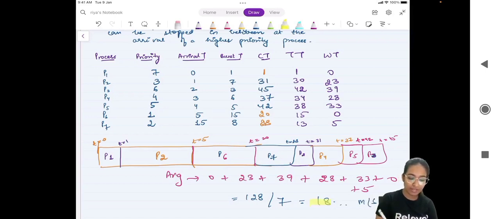So this is what your final answer is regarding the preemptive scheduling of the algorithms.